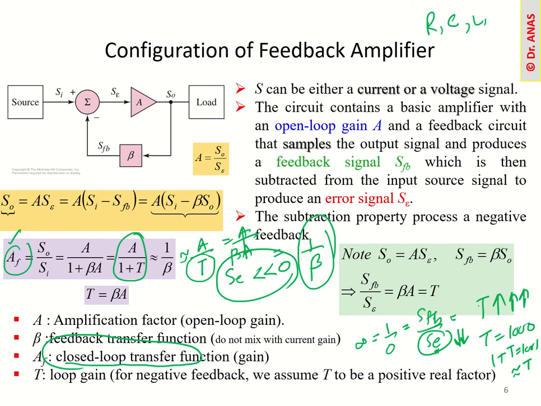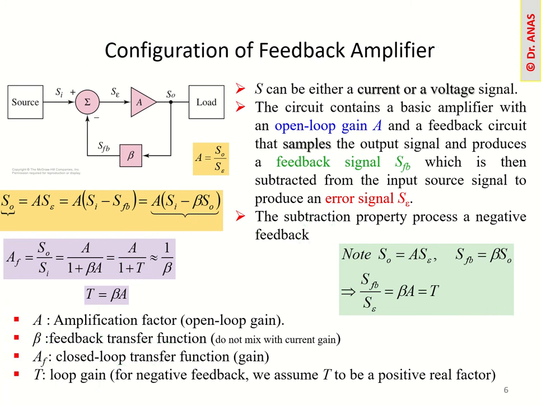Because we have these components in the feedback, the closed loop transfer function is independent of the internal parameters. For example, in the op amp the closed loop gain is minus R2 over R1. So it only depends on resistors, not on the internal beta, gm values. Alright, so this is our view about the basic configuration and working of the feedback amplifier.